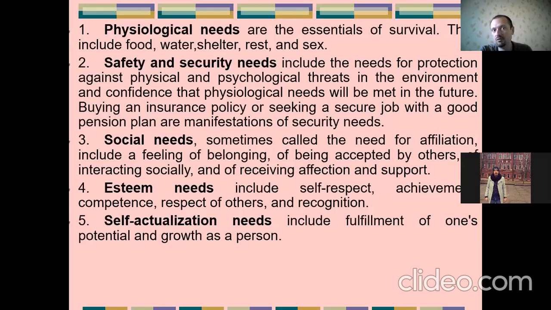For example, if you have children, in this case you want these physiological needs to be satisfied not only for you but also for your children.